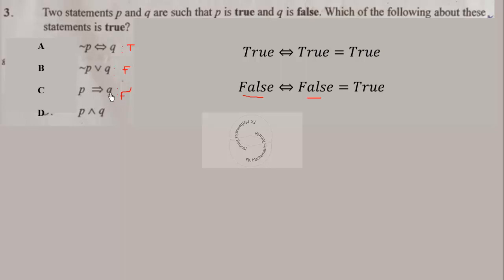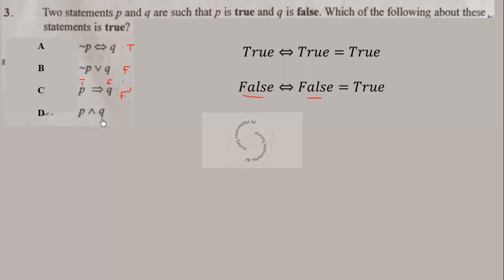When this is false and this is true, is true. And this is false and this is also false, is also true. So the only condition for which the implication is false is when the first one is true, that is the hypothesis is true and the conclusion is false.